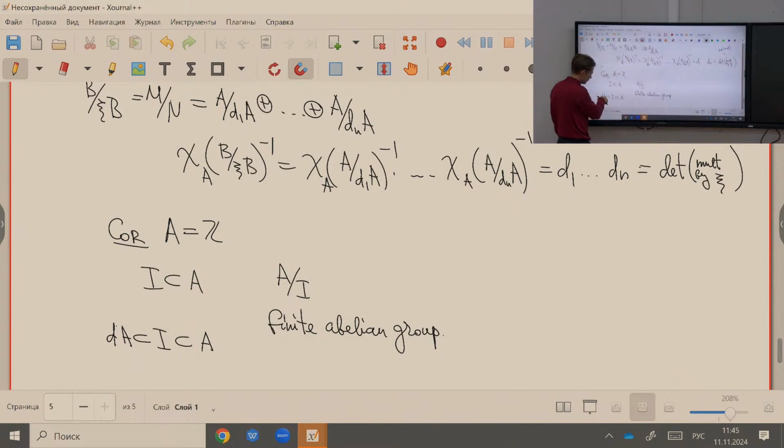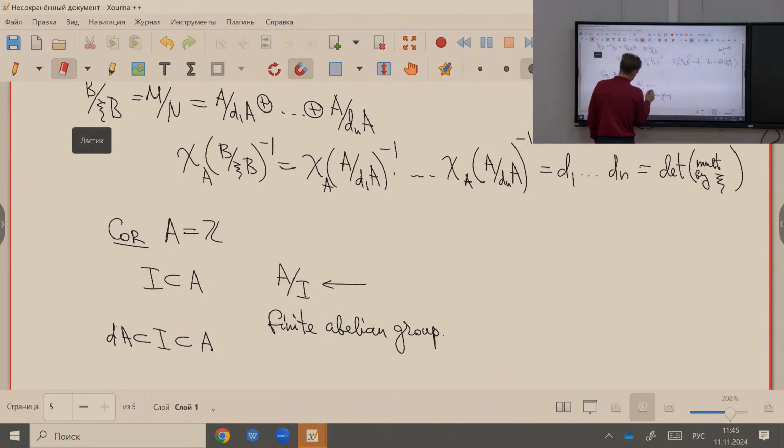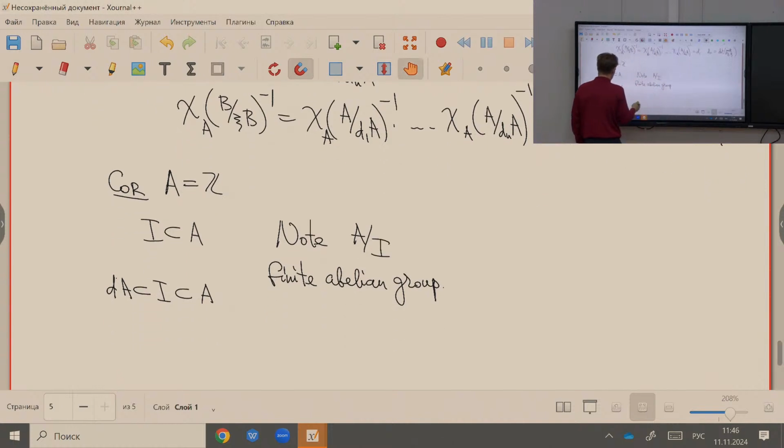From this point of view, there is a surjective map from the ideal. Just note that A mod I is a finite abelian group, for the following reasons.